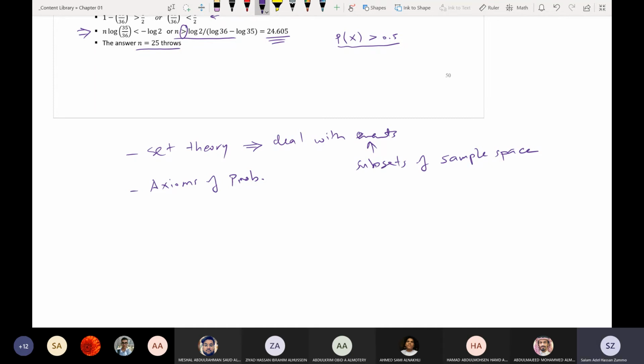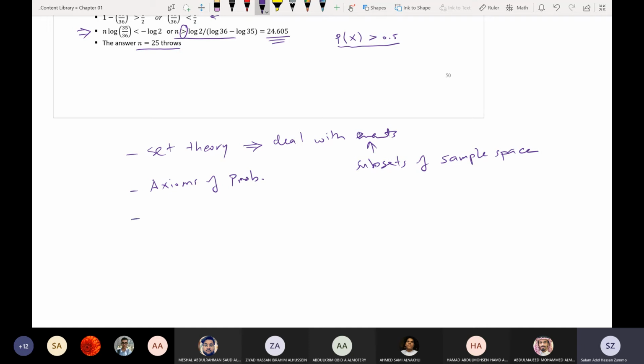And we said that the axioms were that the probability is always 0 or positive, and less than 1. And the probability of S is 1, which is the certain event. The probability of phi is 0, which is the impossible event. And we talked about the probability of the union of mutually exclusive events, where basically it's equal to the summation of the individual probabilities.